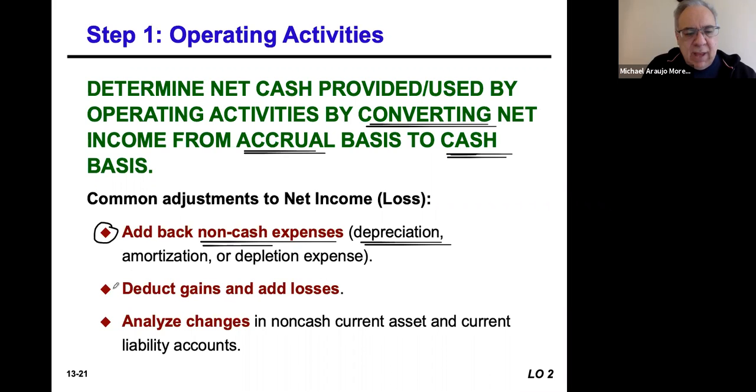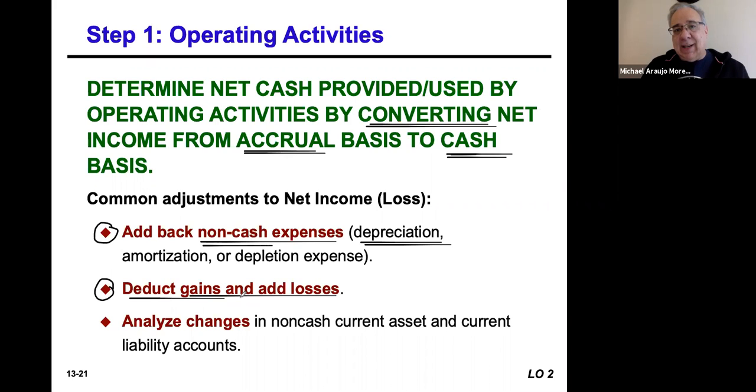The second thing we do is look at any gains and losses. You probably remember way back in financial accounting, we had to do a multi-step income statement. Part of that had a section we called other revenue and gains, other expenses and losses, that sort of other category.